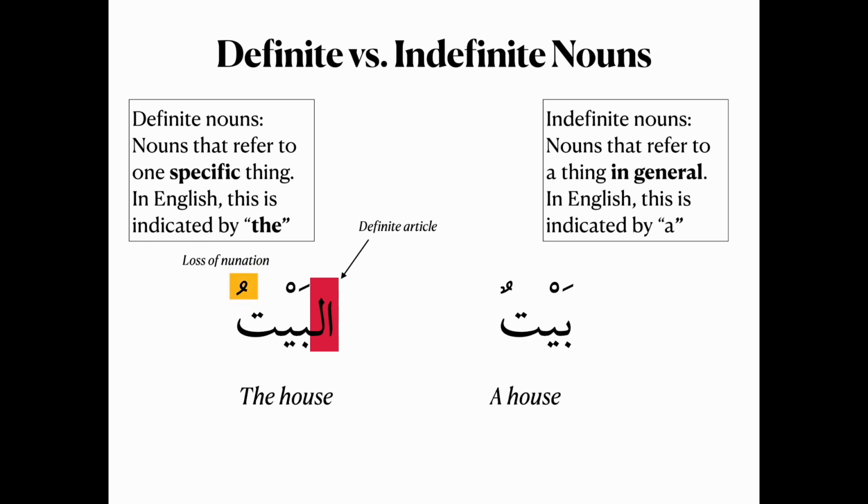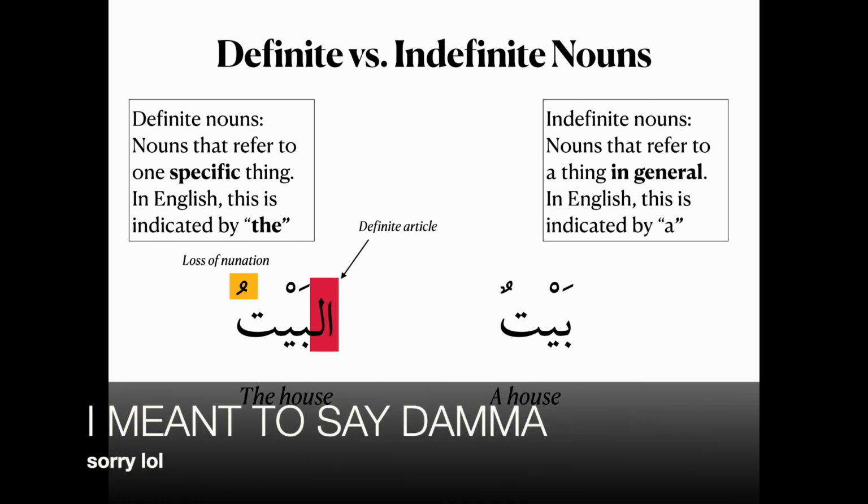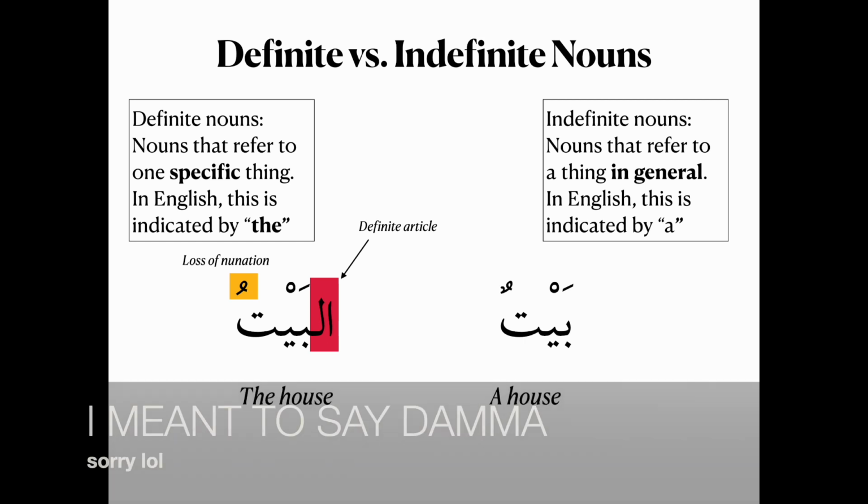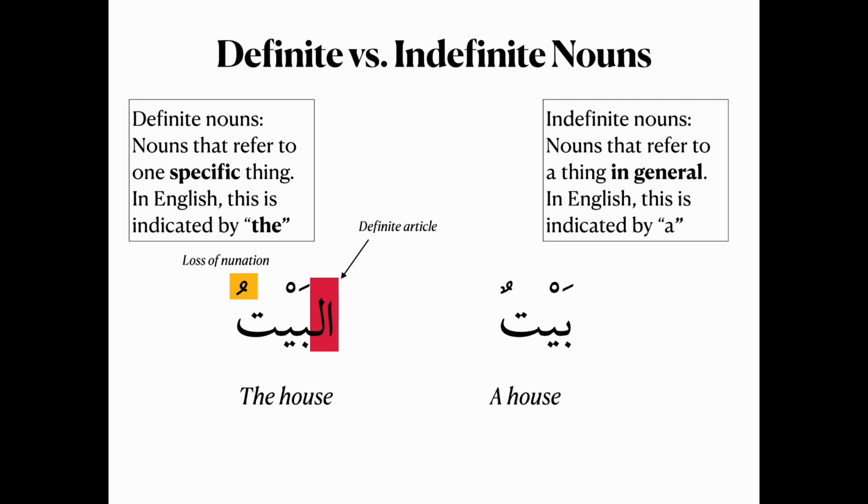So we have al baytu. However, in a house we have baytun. Remember, this has the tanwin. So the tanwin automatically gives you an idea of whether the noun is definite or indefinite. But since we have al here, it doesn't really matter.